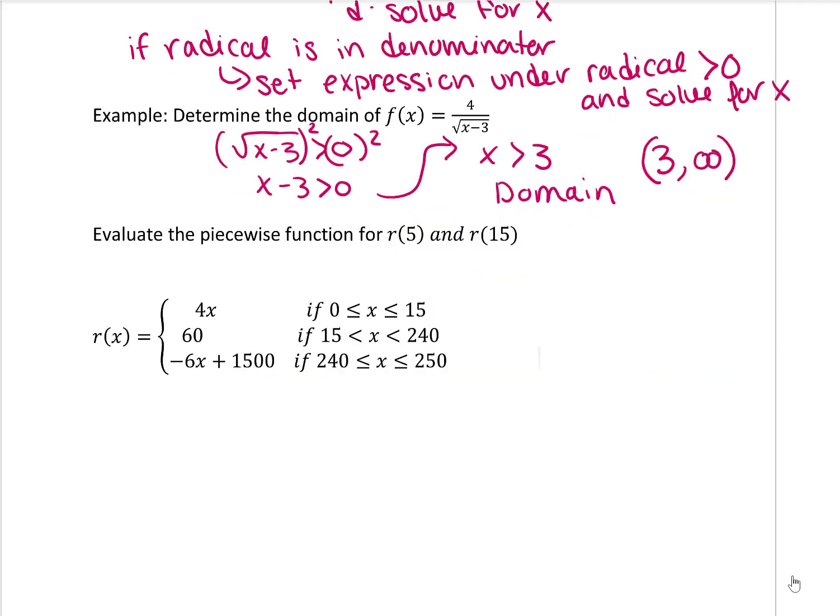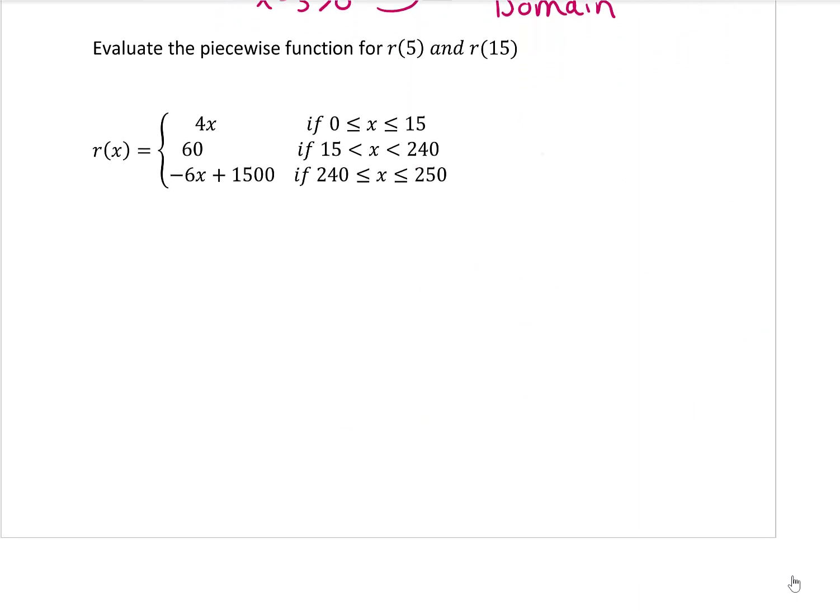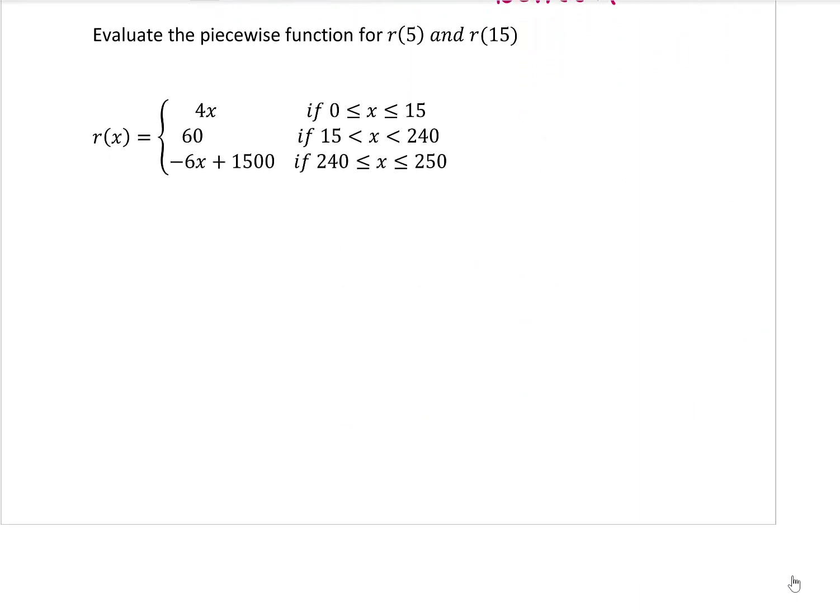to infinity. The last question we're going to look at is a piecewise function. A piecewise function means that we take different graphs and we graph them all together on the same xy plane. We limit the domain, which is what you're seeing over here on the right hand side. So we're not actually graphing them, we're just going to evaluate them.